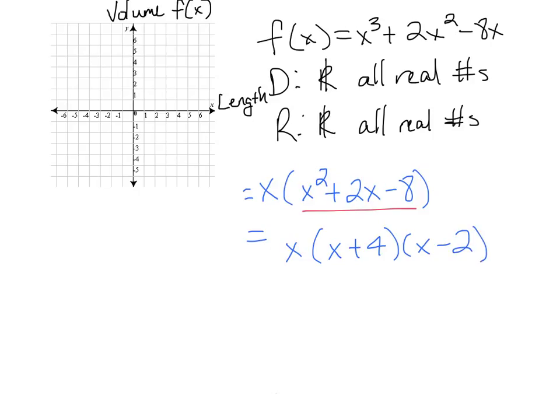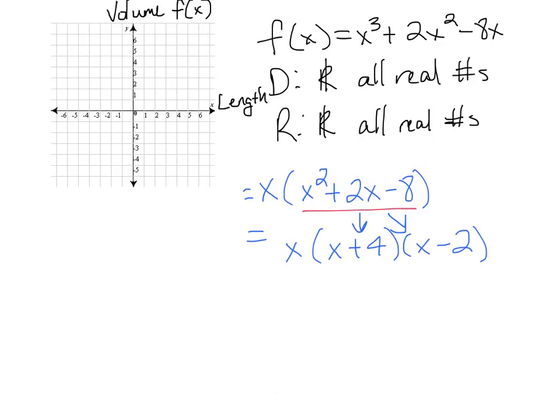If you don't know how I got from this trinomial to these two binomials, then it might be an opportunity for you to review factoring trinomials, the FOIL method, those types of references, to be able to get to this point.